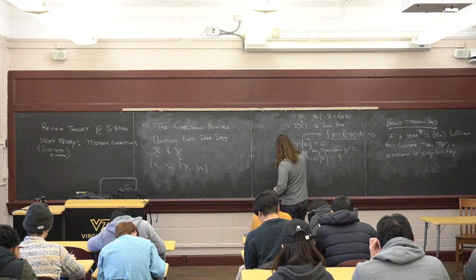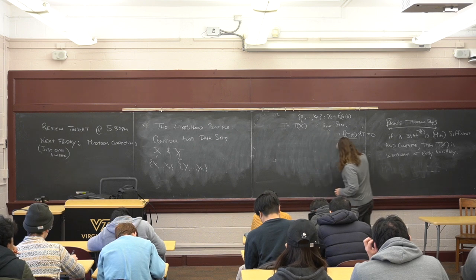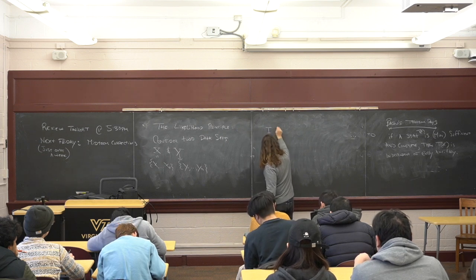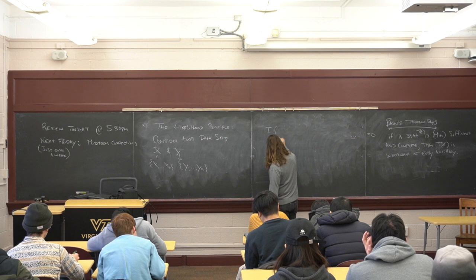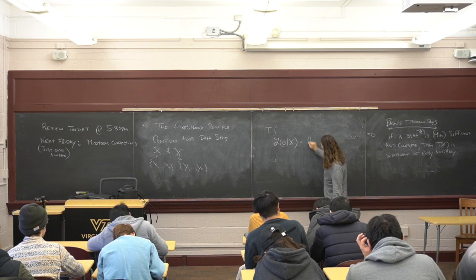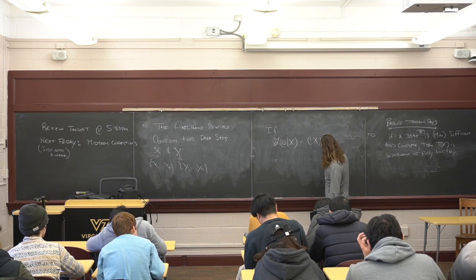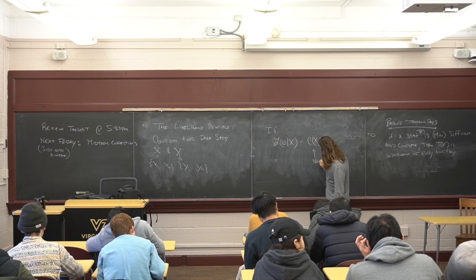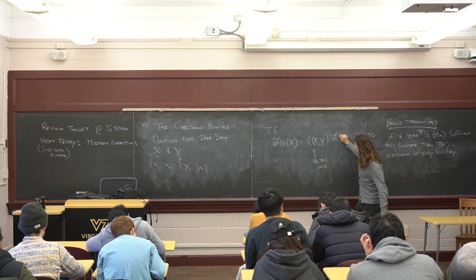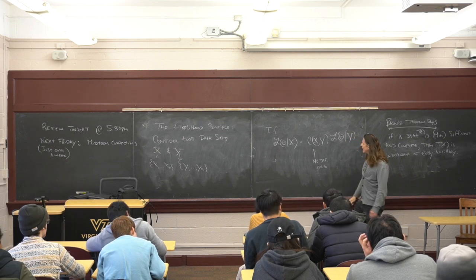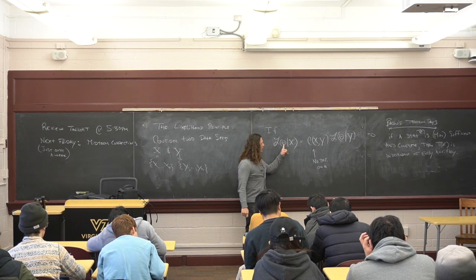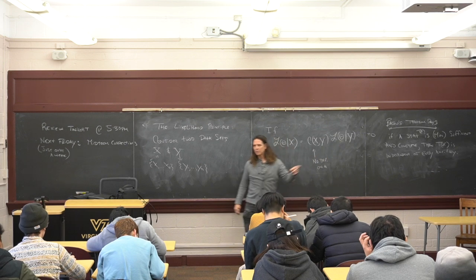And if this statement is true, if likelihood given X is going to be equal to some constant that doesn't depend on theta times the likelihood conditional on Y, really all this says right here is that this likelihood is proportional to that likelihood.